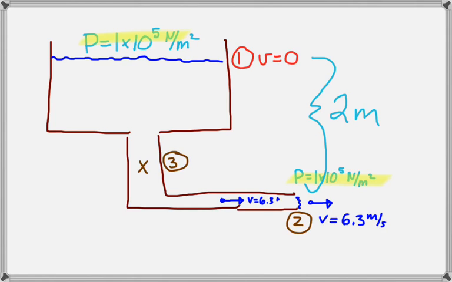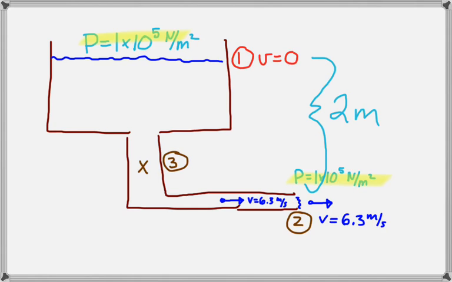Same area, meaning the equation of continuity tells us the same velocity. We agree with that statement? So what did you expect the pressure to be there then? Same pressure? Okay.